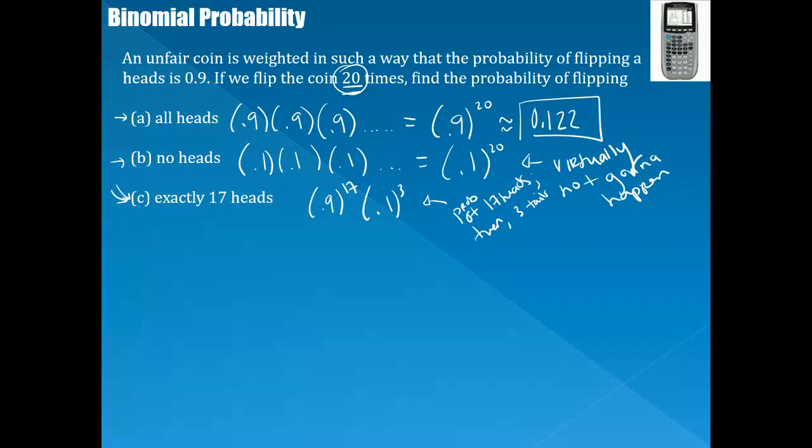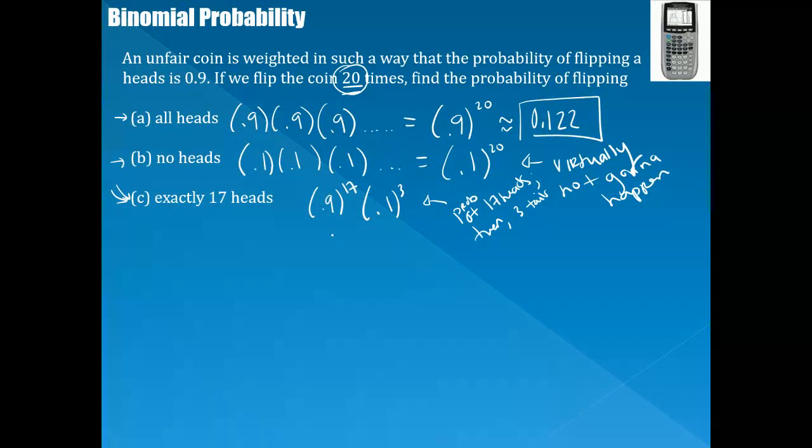What about all the other ways that this could happen? Think about it like a word. I've got 20 letters, 17 of them are H, 3 of them are T. 17 heads, 3 tails. How many different ways can I order that?